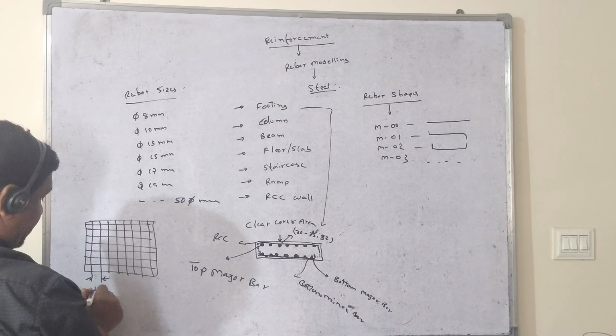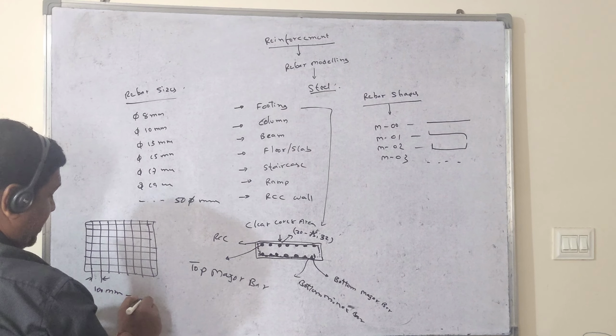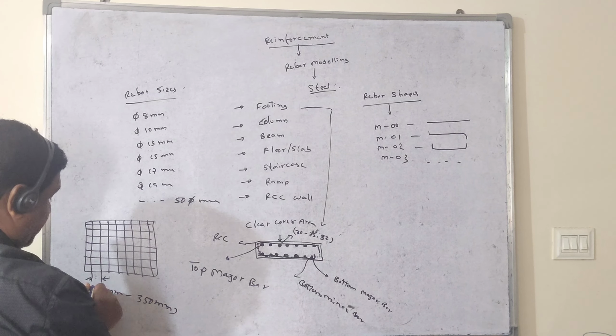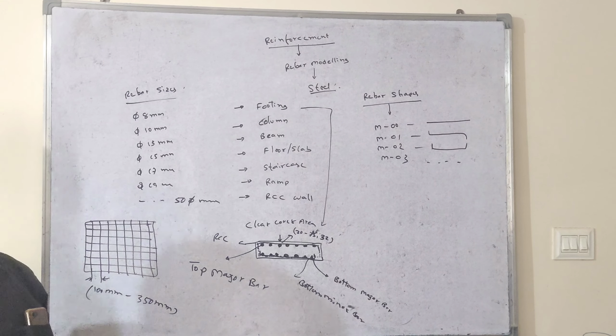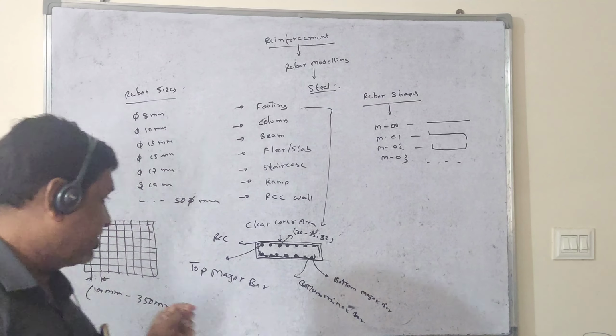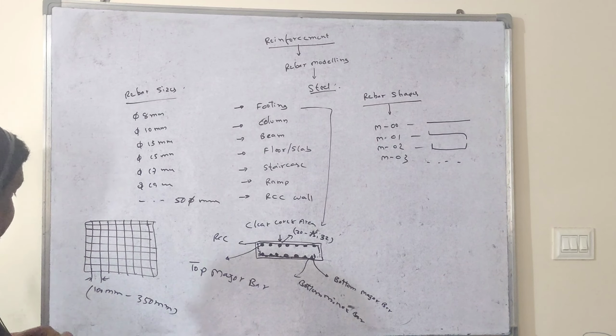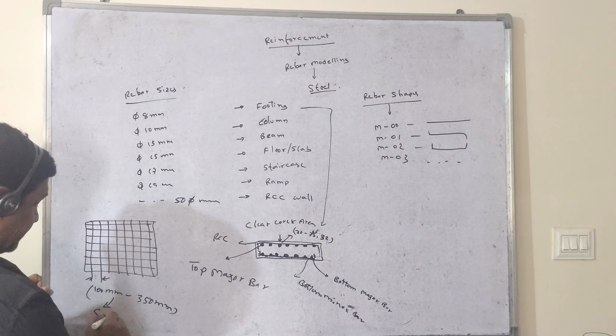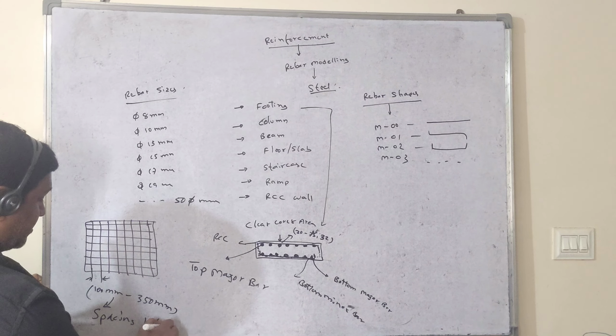The minimum spacing is 100 mm, and maximum you can provide up to 350 mm, depending upon the component size and the rebar size. So from rebar to rebar, the minimum distance we call the spacing between the bars.